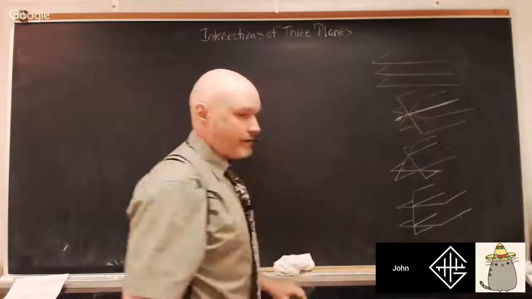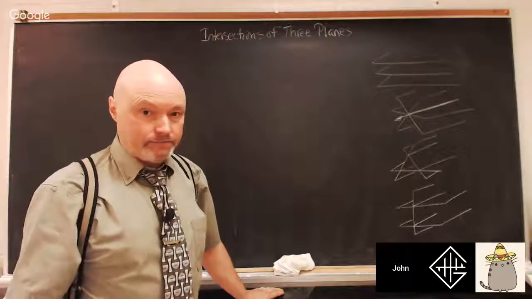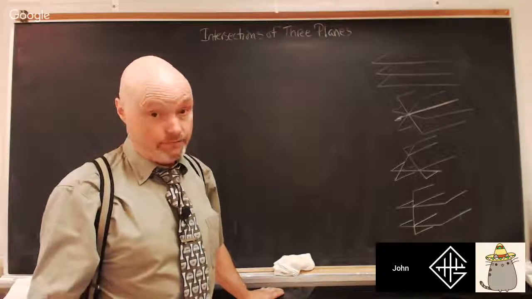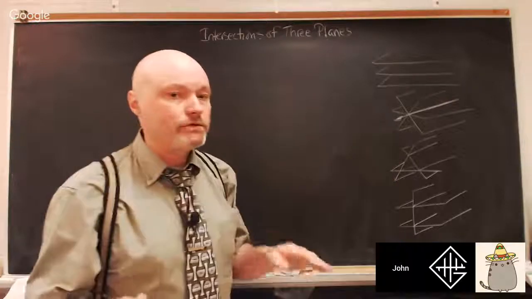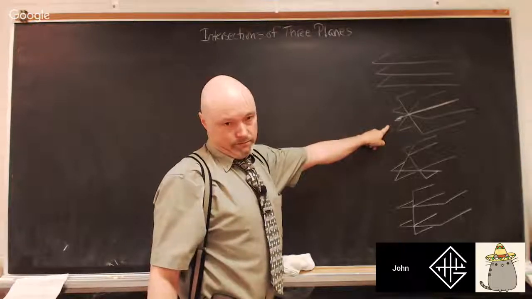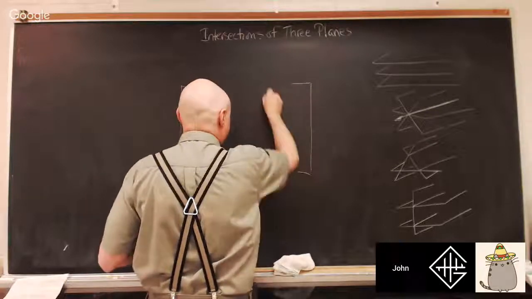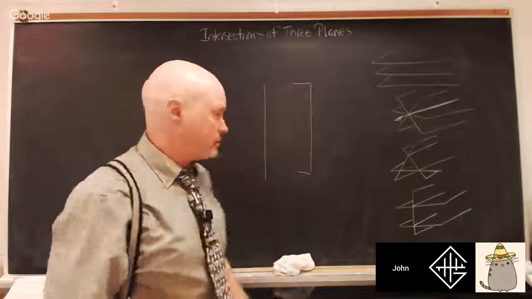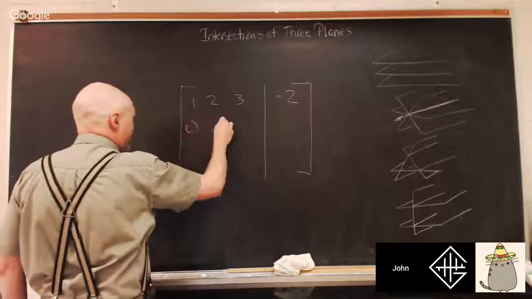Let's look at this scenario. All three planes are intersecting, and they are intersecting in a line. So there they all are. This set actually has a solution, and the solution is the line. This is what it's going to look like. You've happily reduced your matrix. I'm not going to do it here because that would just be boring. So 1, 2, 3, -2, 0, 0.